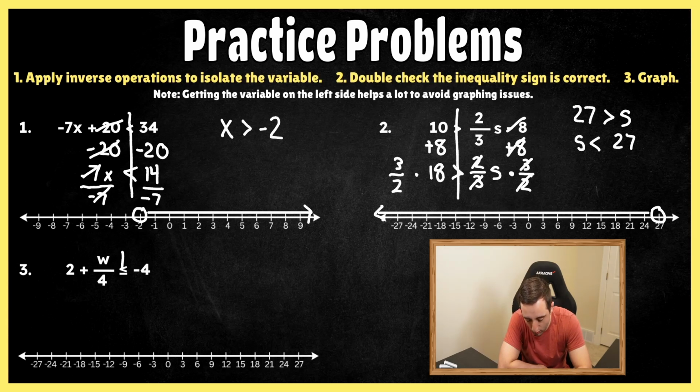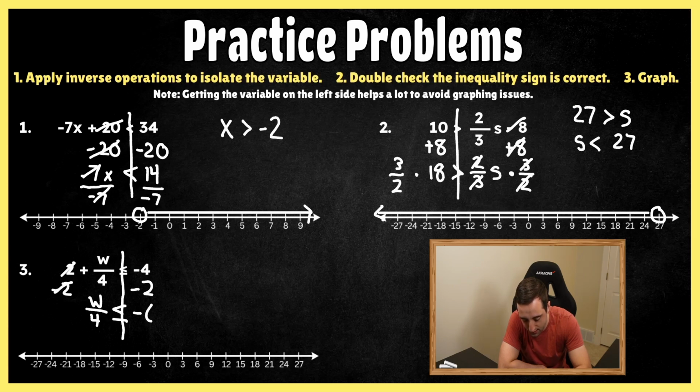So drawing our line once again, let's subtract 2. So minus 2, minus 2. 2 minus 2 is 0. That goes away. We're left with w divided by 4 is less than or equal to negative 6. W is being divided by 4, so we want to multiply both sides by 4. So times 4, times 4.